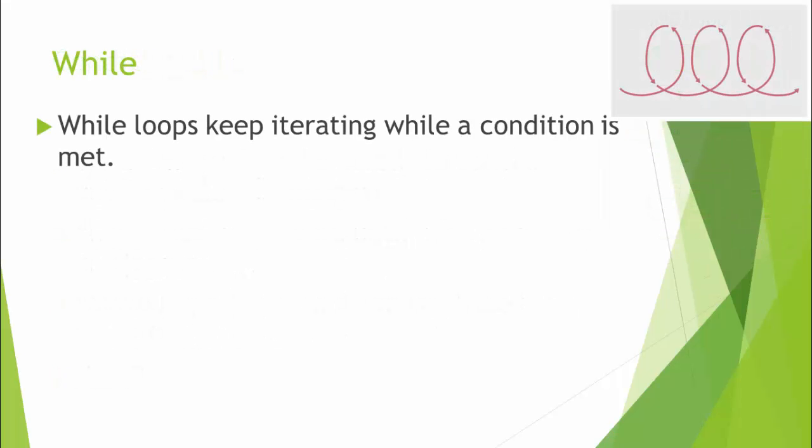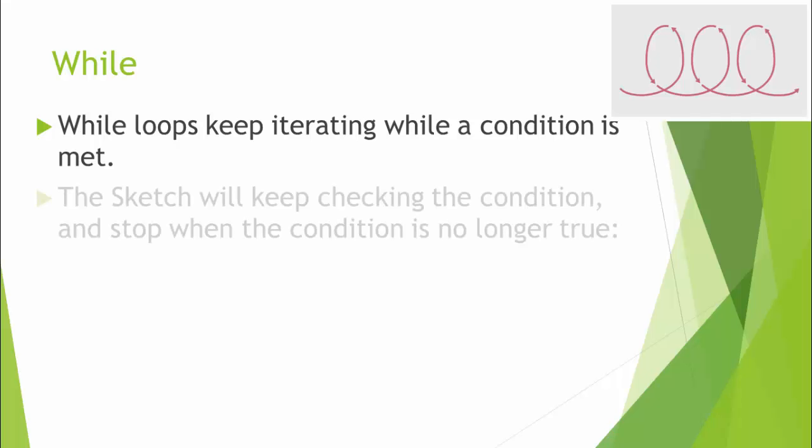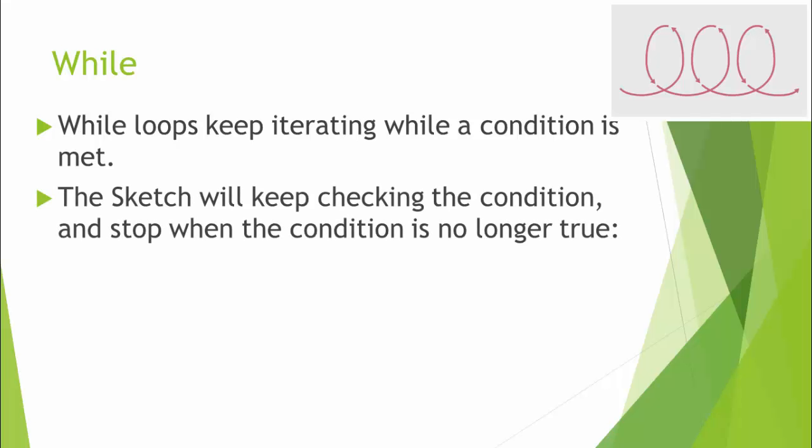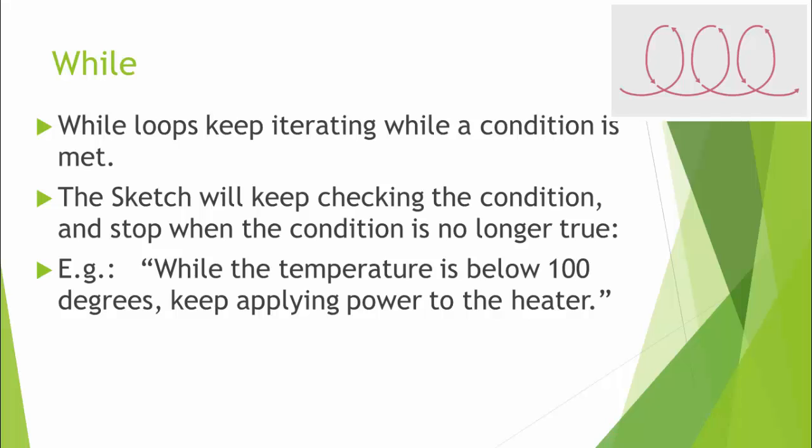So we do these things using what's called a while loop. The while loop will keep iterating as long as a condition is met. So the sketch keeps checking the condition, and it keeps going, checking and checking and checking until the condition is no longer true. For example, while the temperature is below 100 degrees, keep applying power to the heater.